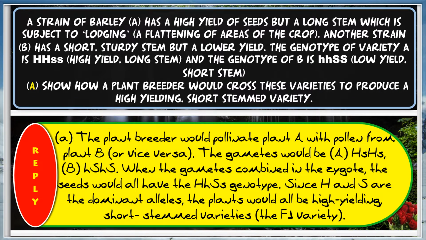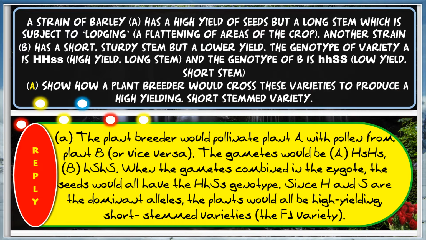Part A. The plant breeder would pollinate plant A with pollen from plant B, or vice versa. The gametes would be from A, capital H, small s, and from B, small h, capital S. When the gametes combined in the zygote, the seed would all have capital H, small h, capital S, small s genotype.